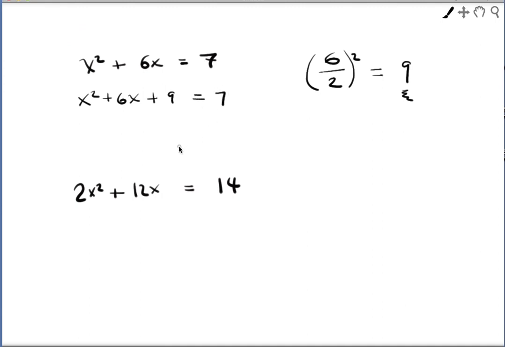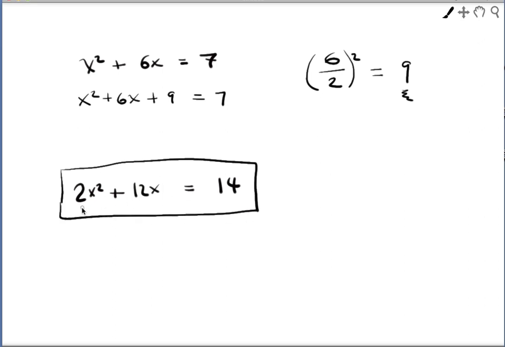Okay, now there's a nuance going on here in these first two that I've done that needs to be spoken to. The coefficient in front of the x squared term in every situation I've dealt with has been 1, and that is by design. That's a requirement. So when we look at this problem here, we notice the coefficient in front of the x squared is a 2.